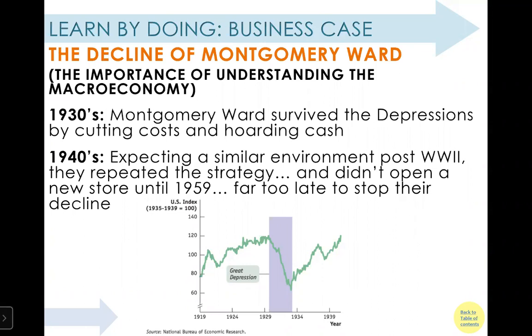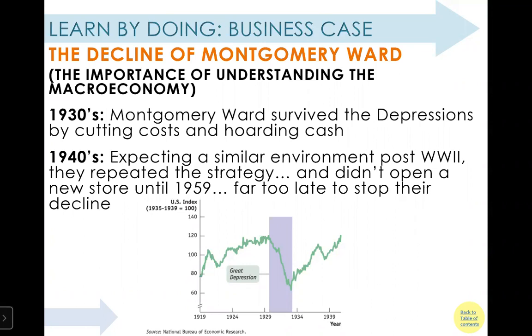Remember, earlier I mentioned that in the short run there is a correlation between the business cycle and the price level. Usually when we are in a recession, prices decline, or we have deflation.